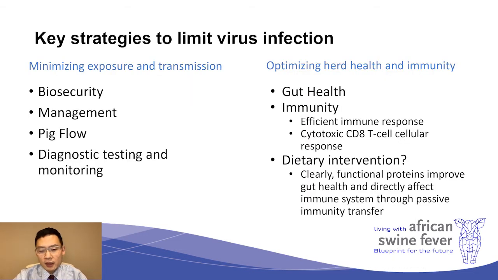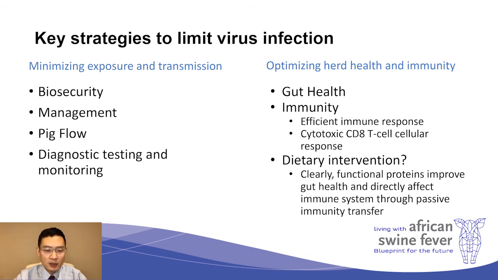When we talk to an epidemiologist or a virologist about the key strategy to limit virus infection, we often spend our time trying to focus on minimizing the exposure and reducing the possibility of transmission, which is very true, and you should probably spend 120% of your time trying to do that.